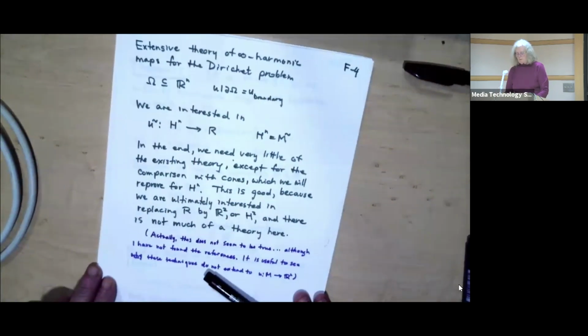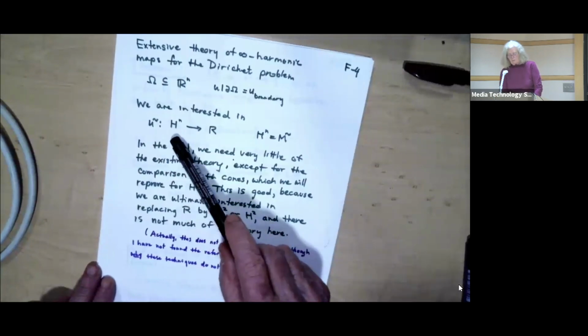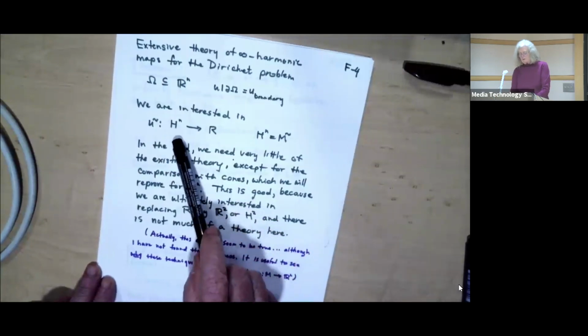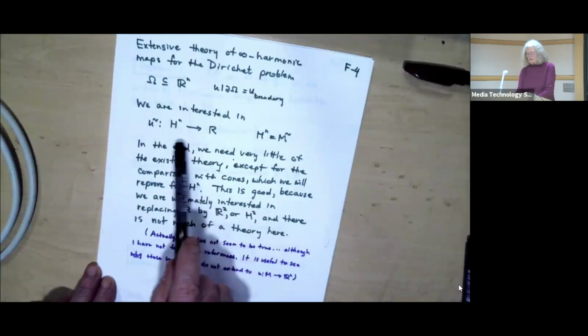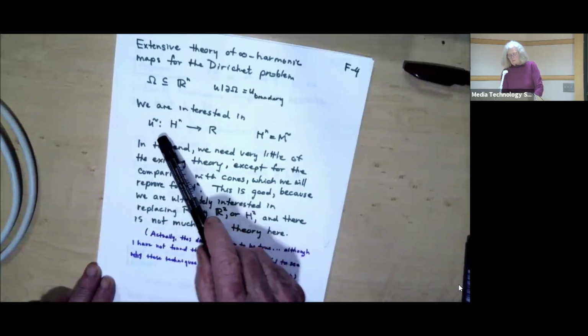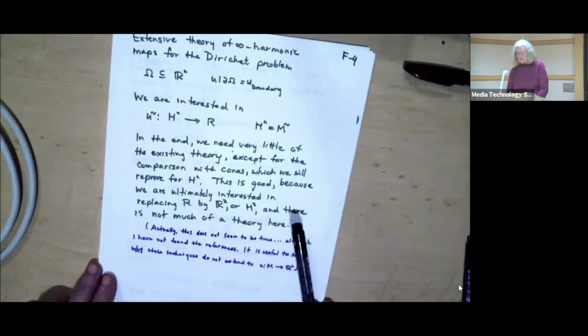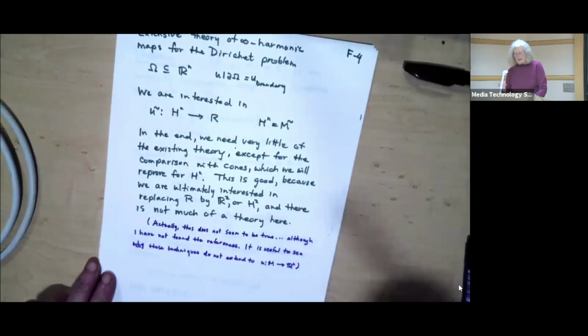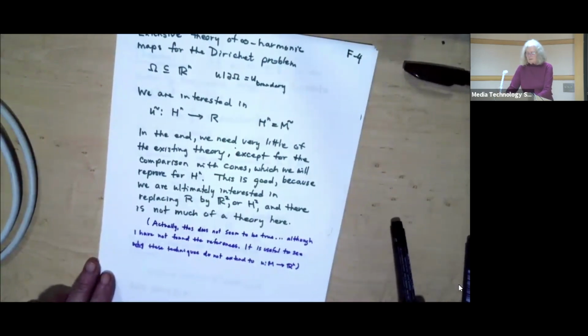We are interested in these U tilde, which in our case send hyperbolic space, which is probably totally unimportant, to R and satisfy that consistency condition under deck transformation.